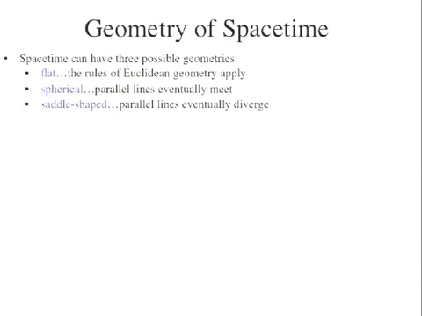I'll tell you a little bit about how we did that, but we now believe that we live in a flat universe. I'll tell you all about that later, at the end of the course. But Einstein's theory of relativity could work in any case. The spherical case is a finite universe, and the other two cases are infinite in extent. If you want a universe that has a finite edge, or does not exist forever, then you want a spherical universe. This is very hard to measure, but it can be done.